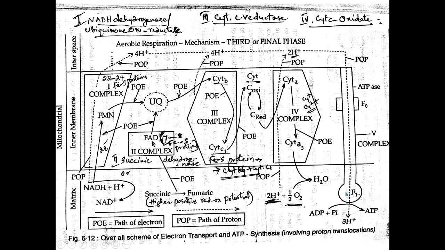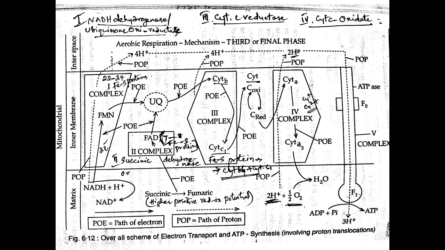Here the head is spherical in shape and it has different components, and the flow of these protons makes this rotate, and the energy generated due to this rotation is used for phosphorylation. In phosphorylation, ADP accepts inorganic phosphate, and ATP formation takes place. Ultimately, for every three protons, one ATP formation takes place.